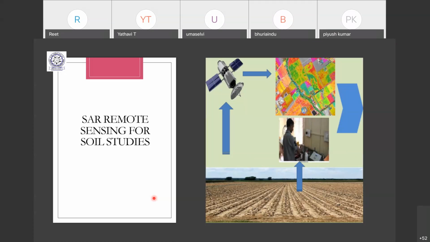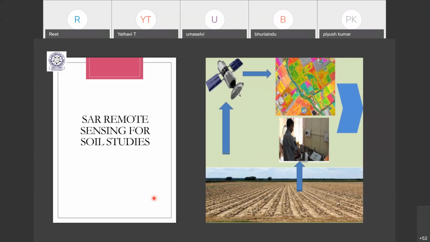Even in the same village, one plot can be saline, another plot cannot be saline. One plot is having good amount of moisture, another agricultural field will have less amount of moisture, because the soil type changes, the irrigation pattern and many other factors are playing into role.